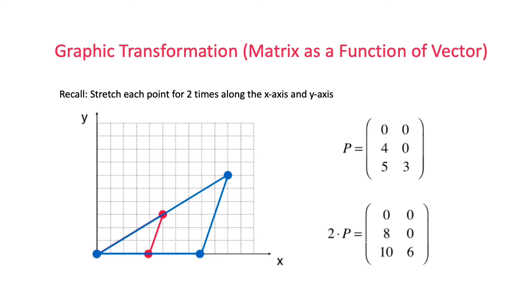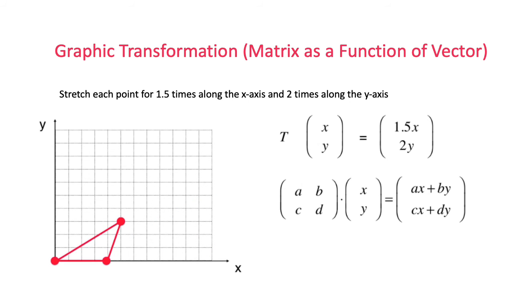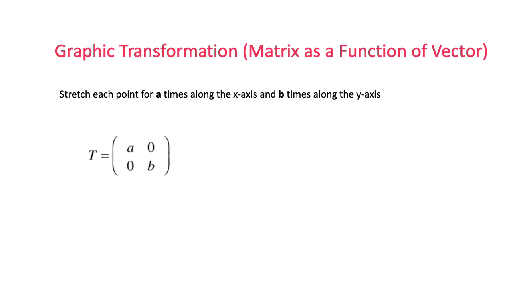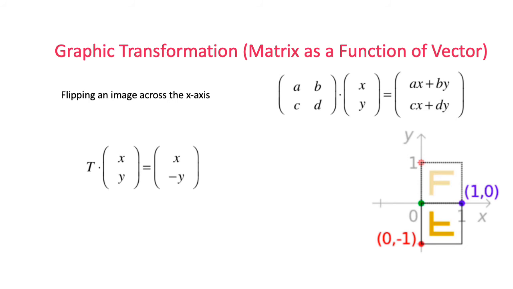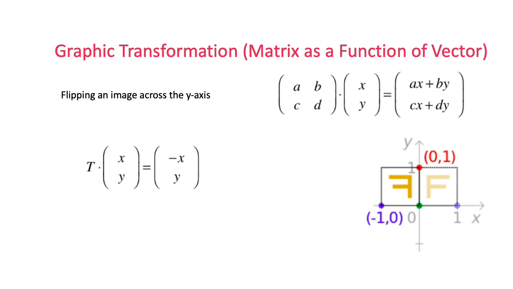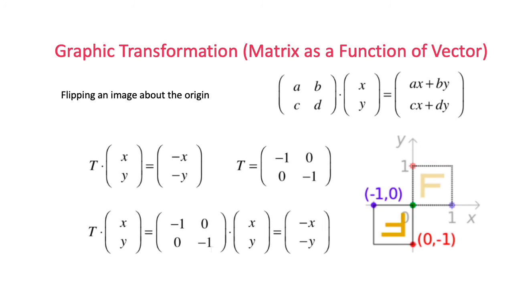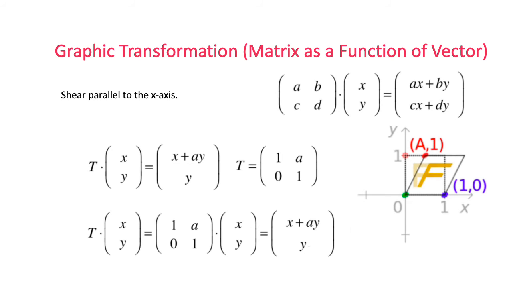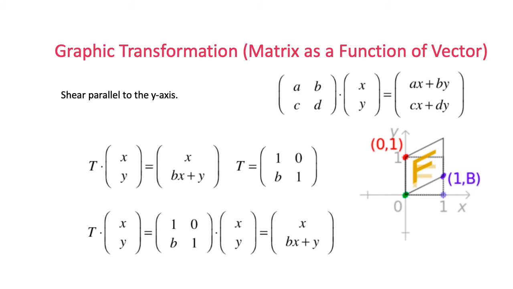I will introduce some typical topics of graphical transformation such as stretching, flipping, and shear parallel, so as to deepen your understanding of matrix multiplication. And we will discuss why a matrix can be regarded as a function of vectors.